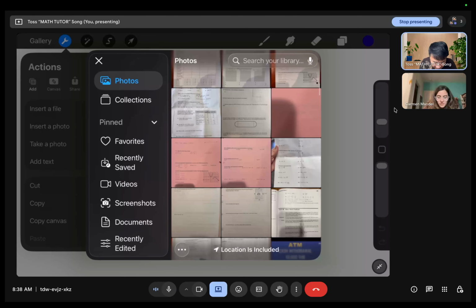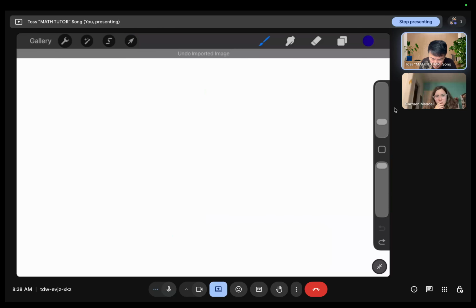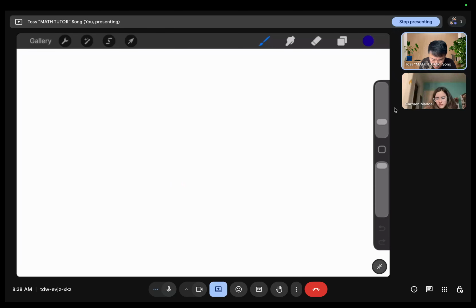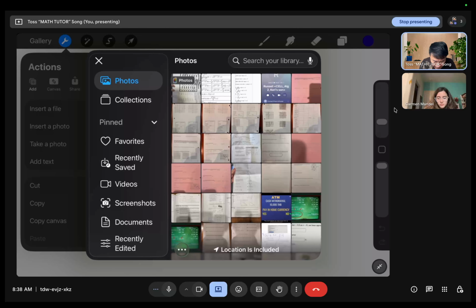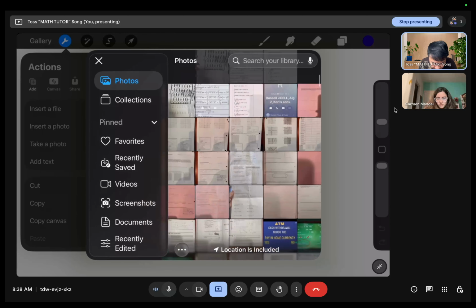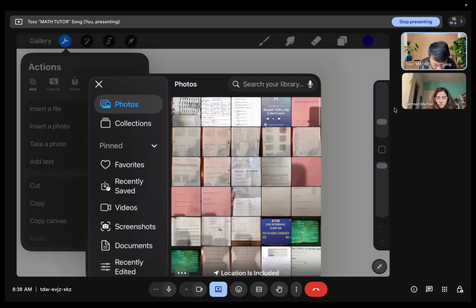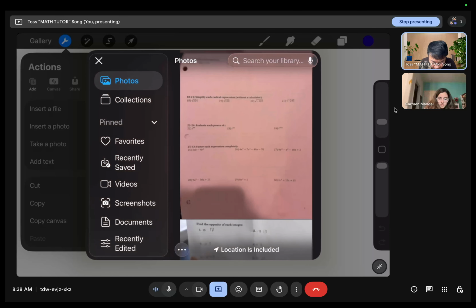Why is this blank? Is this one? Let me see. No. Sorry. One second. If not, I can go off that page still. Why can't I see it? Is this one? No. This one? Yes, this is the one.